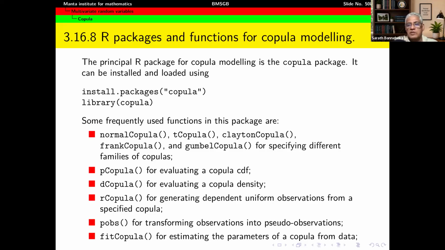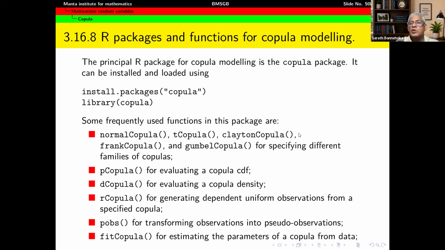I'm not going to show how to apply them here because there is help available to see how these functions are applied. Most of those functions are available under library copula, so you have to install the package copula first and then call it using library(copula).